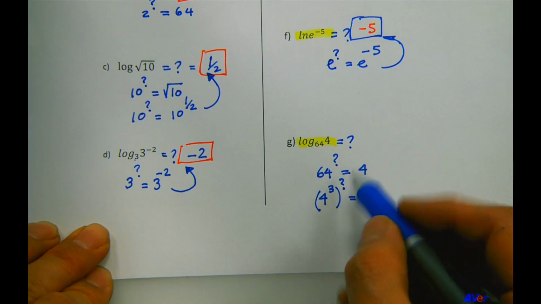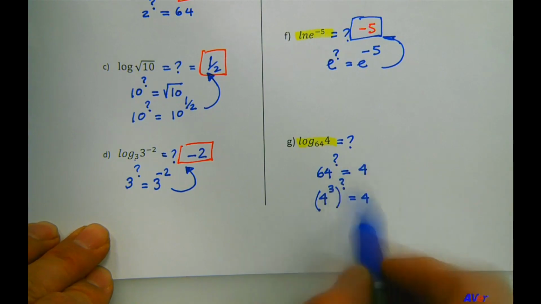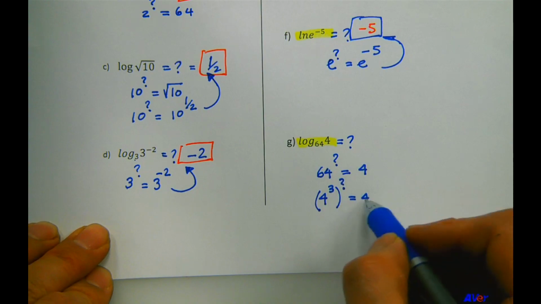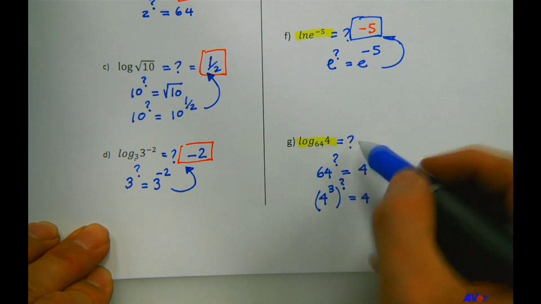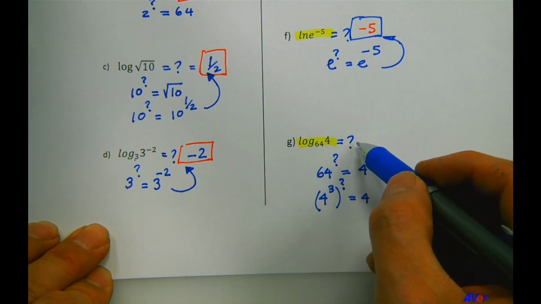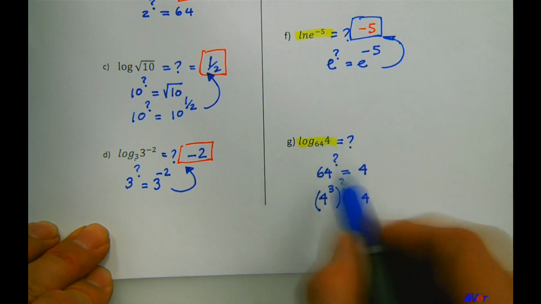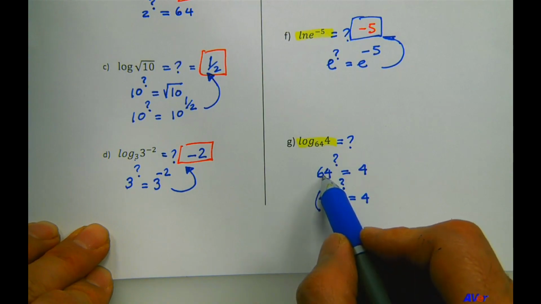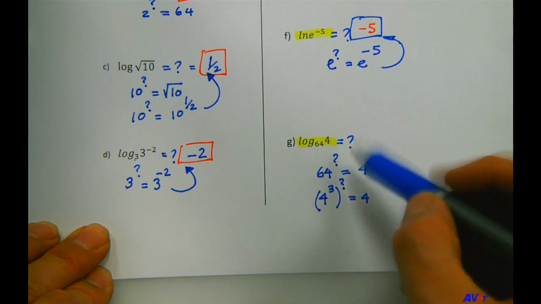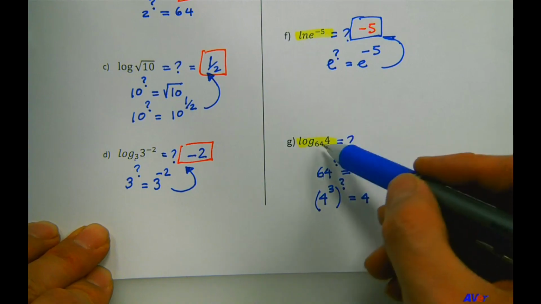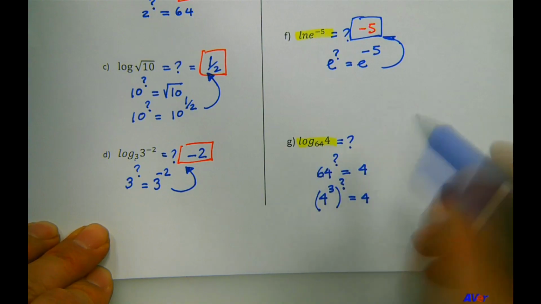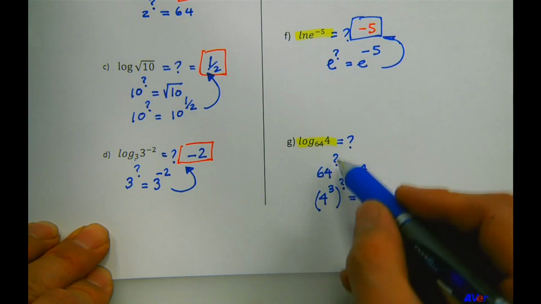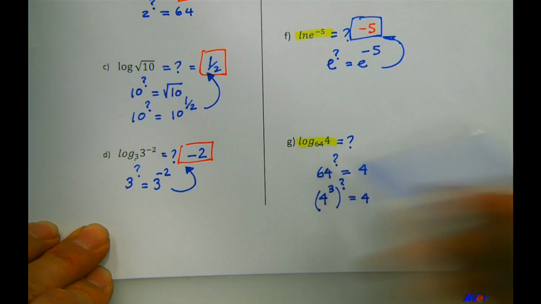It would be easier if I just wrote it here. Because 4 cubed is 64, then cube root of 64 is 4. So that would be 64 to what exponent is 4? It would be 1/3.